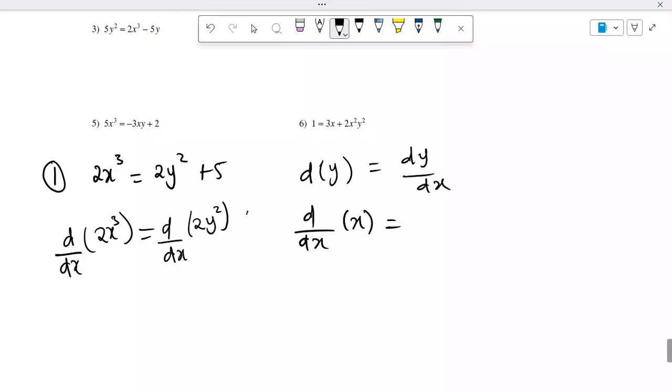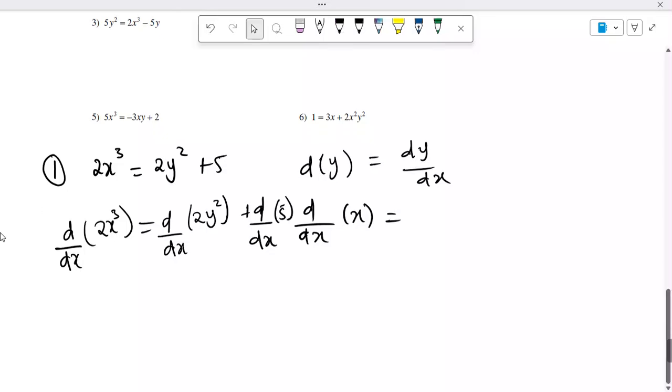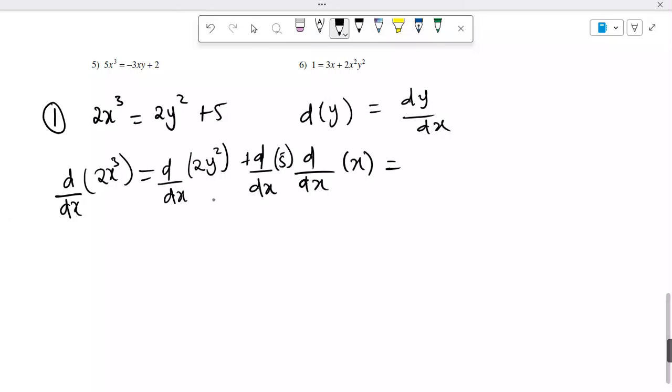So you are differentiating all the terms with respect to what? X. Then here there is 5. Okay, so let's see. Differentiating this, we drop the 3, so we say 3 by 2, which is here, then x to the power 3 minus 1.